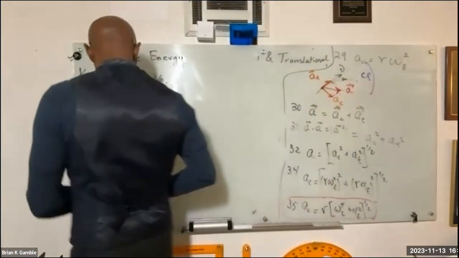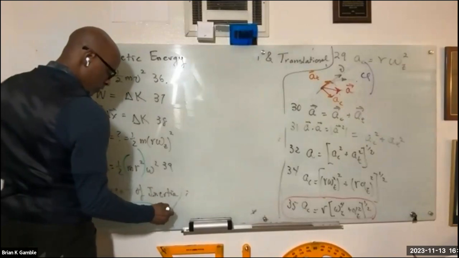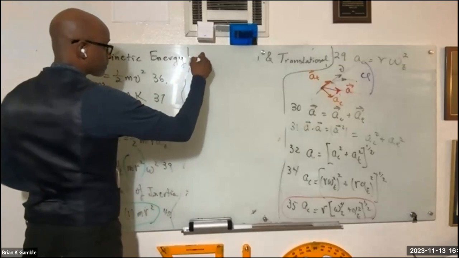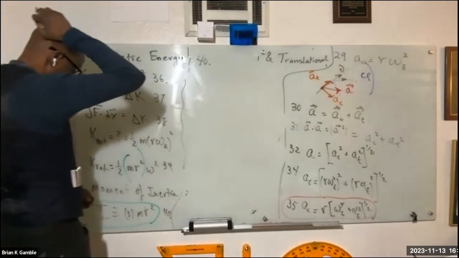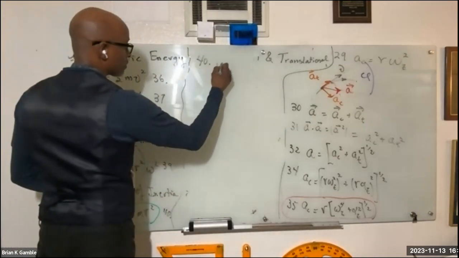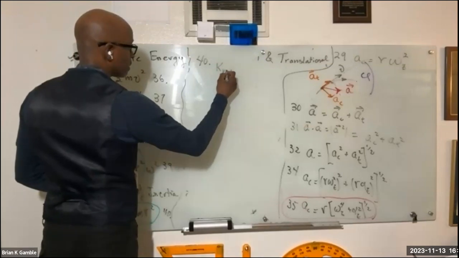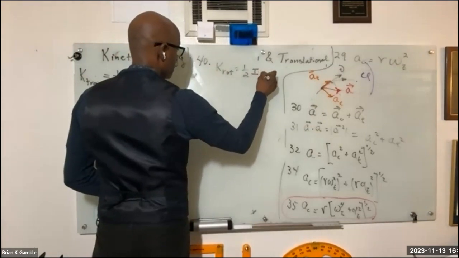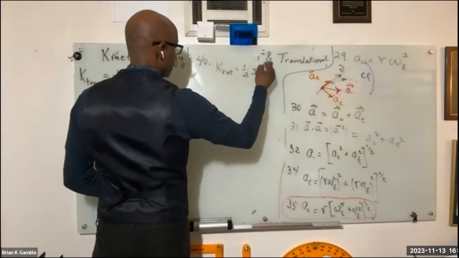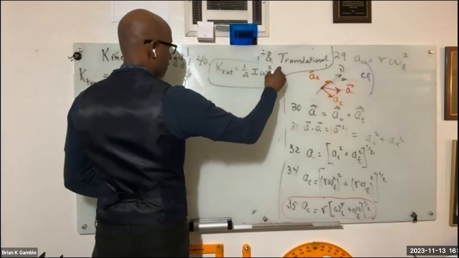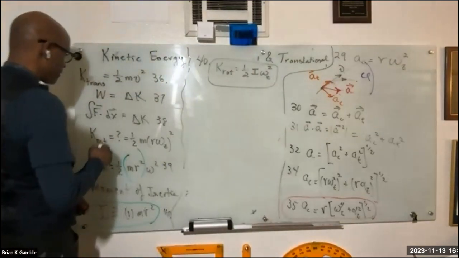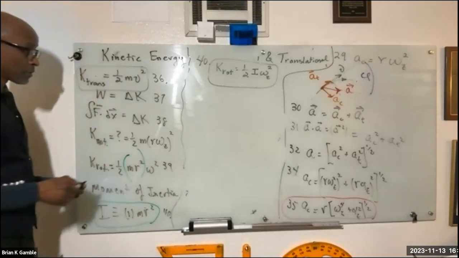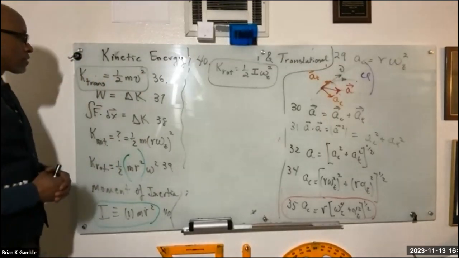If I take equation 40 and stick it into this, then the kinetic energy for rotational motion, K rot, is equal to 1/2 I, the moment of inertia, times angular velocity squared. So that's rotational kinetic energy, and translational kinetic energy is the conventional 1/2 mv squared.